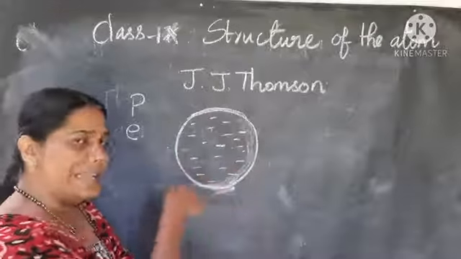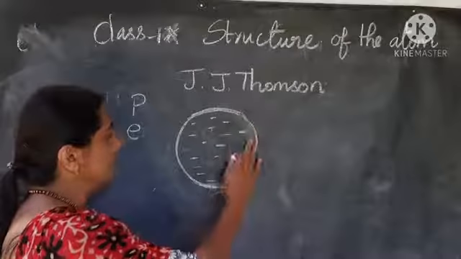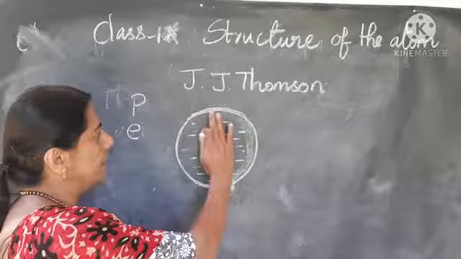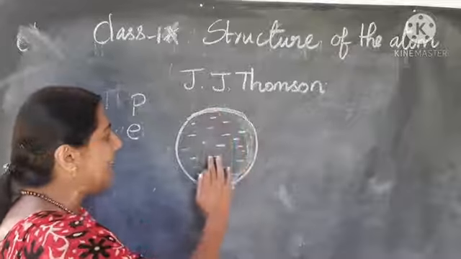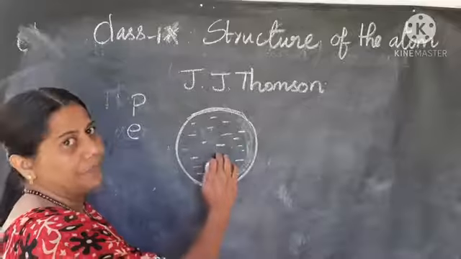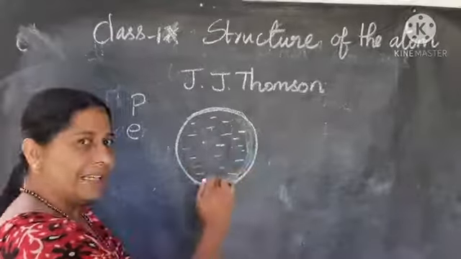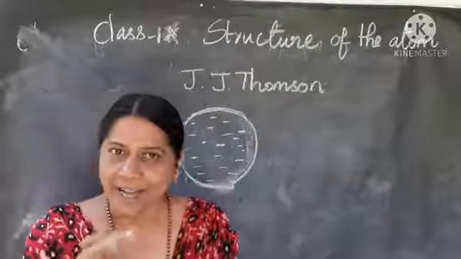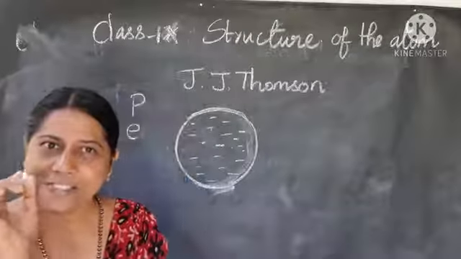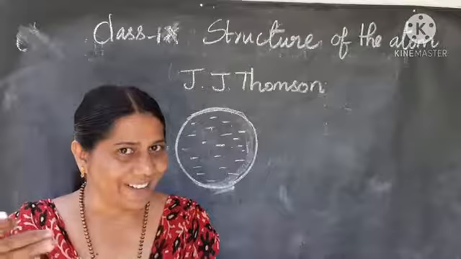Atom is like a sphere. The positive charge is present everywhere and electrons are embedded here and there, just like, have you seen dry fruits in the cake? They are embedded here and there.